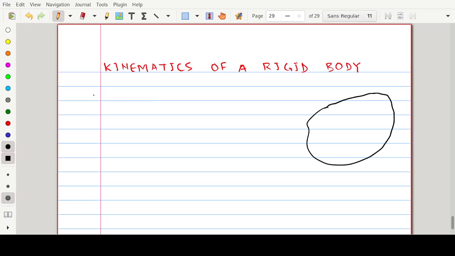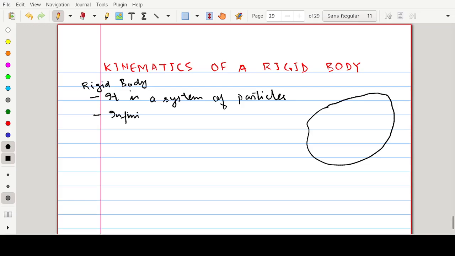So a rigid body is a special case of a system of particles. Every rigid body is made up of individual particles, so it is a system of particles, and it generally has an infinite number of particles in it.